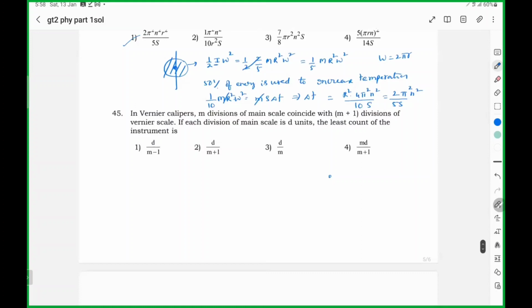So here it is a main scale, which has m divisions.